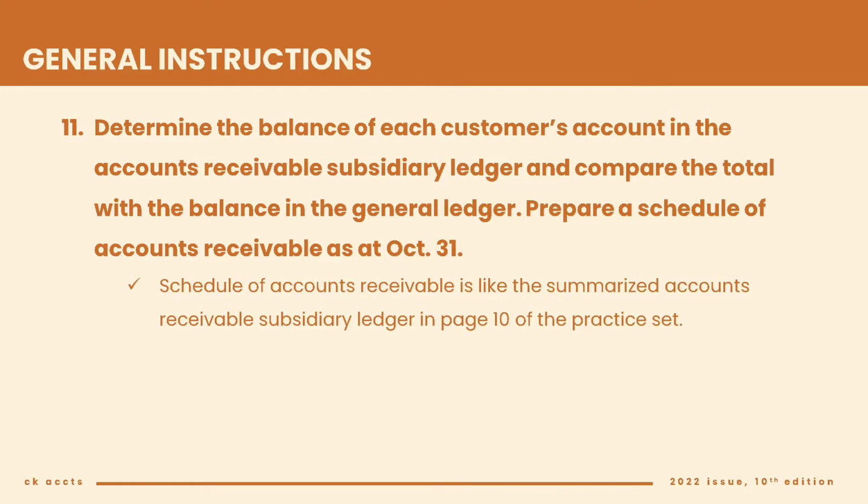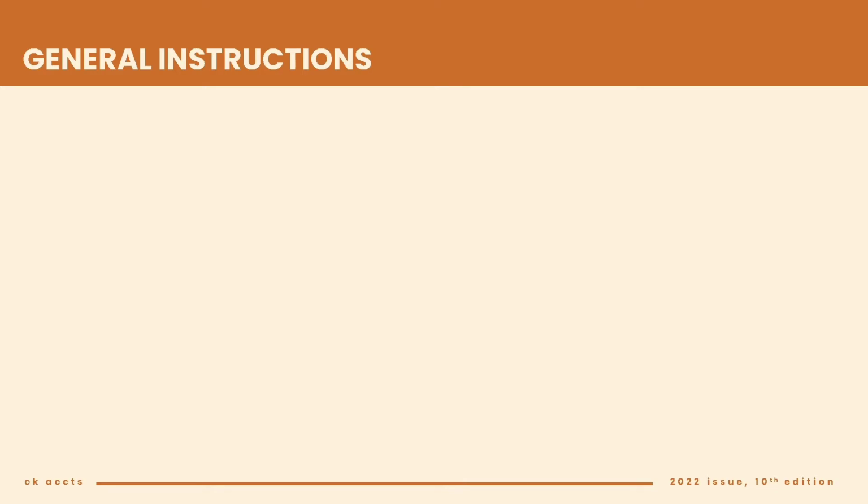So, kung titignan nyo yung practice set ninyo sa page 10, meron doon sa pinakataas na accounts receivable subsidiary ledger na summarized na. Okay? Nakalagay na lang doon yung balances ng bawat customers. And yun din yung gagawin natin for October 31 naman, kasi yung nasa page 10 ay for September 30, which is yung record last month.